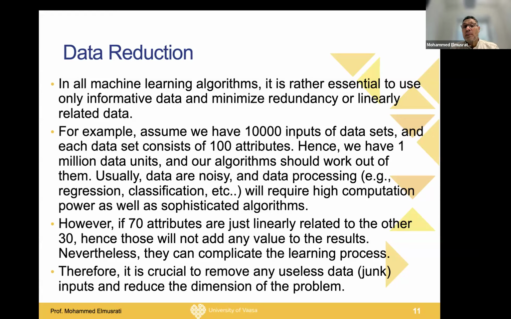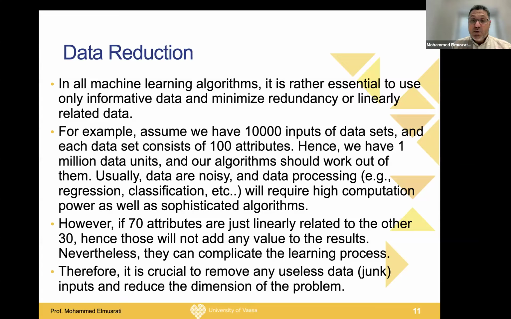This leads to using an over-complex system, and this will lead to memorization and overfitting in your data. So we need as many features as possible, but the important features, not just any feature.